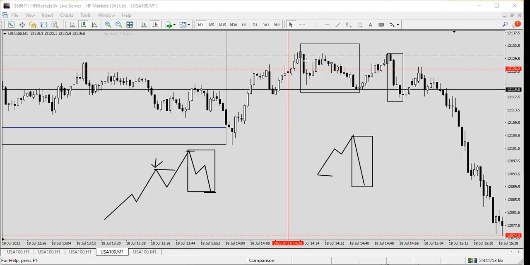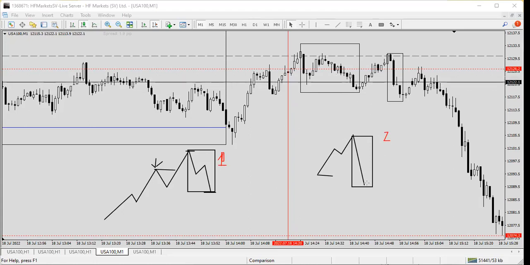Now that should stand out to everyone as, oops, type 1 and type 2. So all the things that I've shown you before, this is one way of putting them together. Just pay attention to where the range or the dealing range is being created.